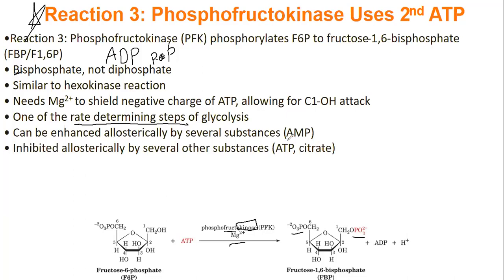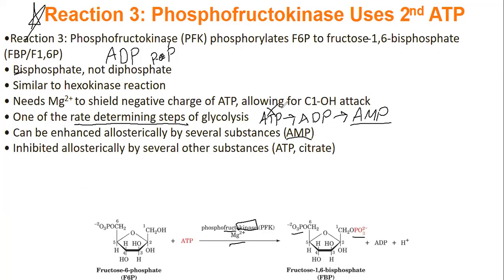So this enzyme can be turned on by AMP, which should make a lot of sense, right? When ATP breaks down, it goes to ADP, and then it can go to AMP. If you have a high level of AMP in the cell, that means you have low levels of ATP.